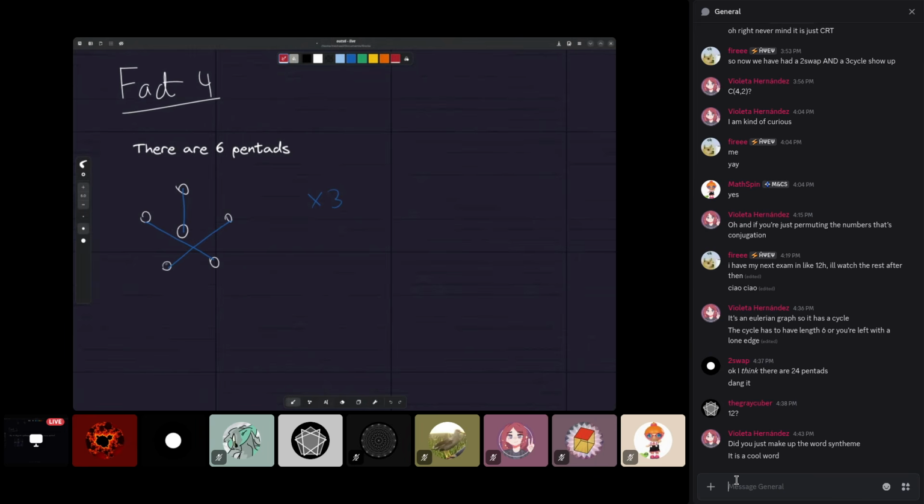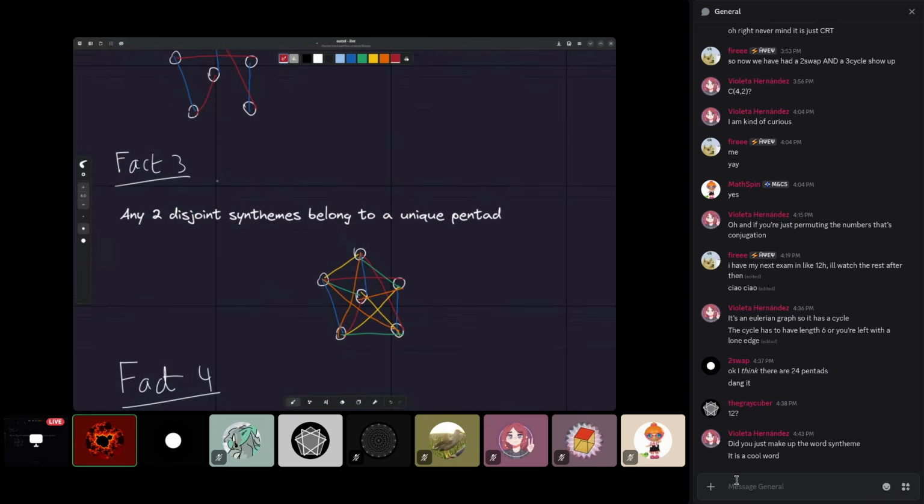Well, whatever syntheme connects these 2, we'll call it red. And now there's 2 ways red could be. You can't have red here because it's blocked by the blue. So you can either go there or you can go there. So we've got 2 choices for that.